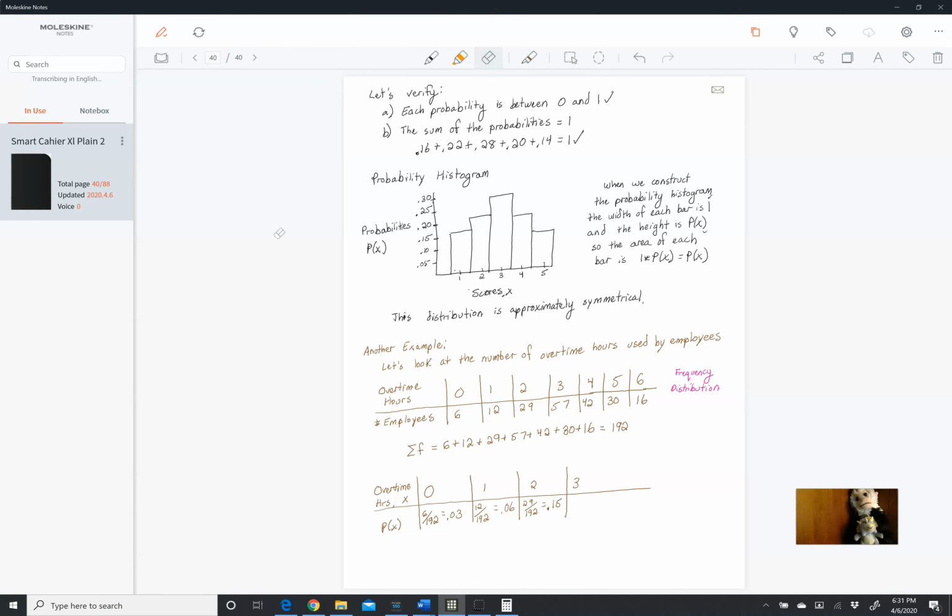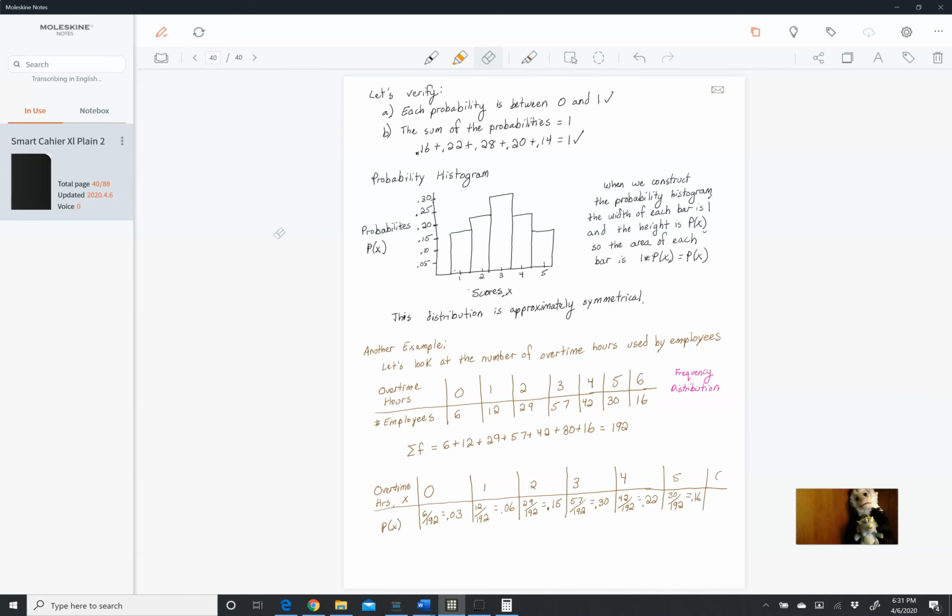For 3 overtime hours, it's 57 over 192. That's 0.30. For 4 hours, it's 42 over 192. That's a probability of 0.22. Five hours is 30 over 192, which is 0.16.